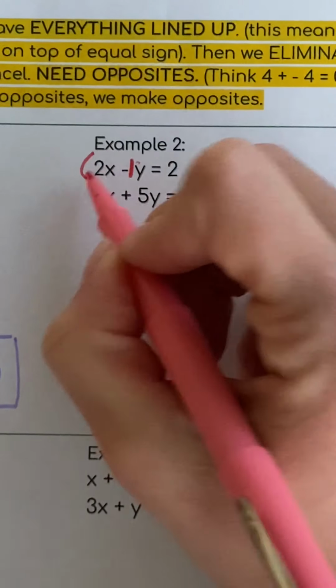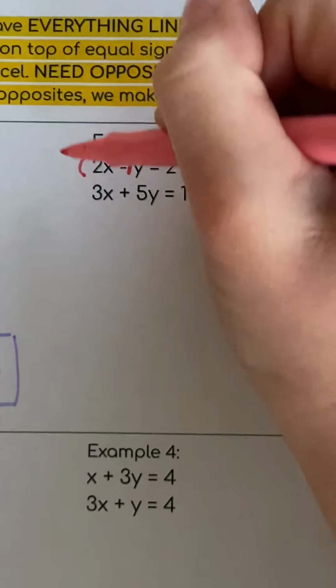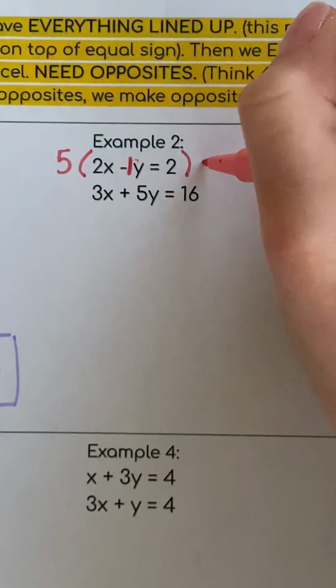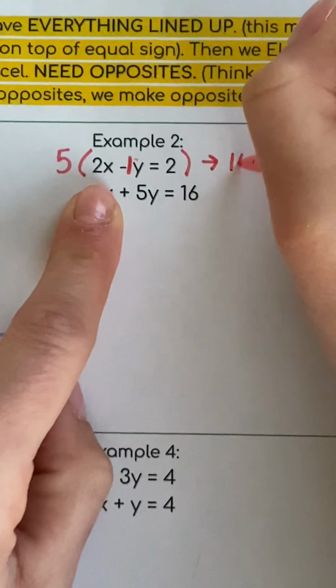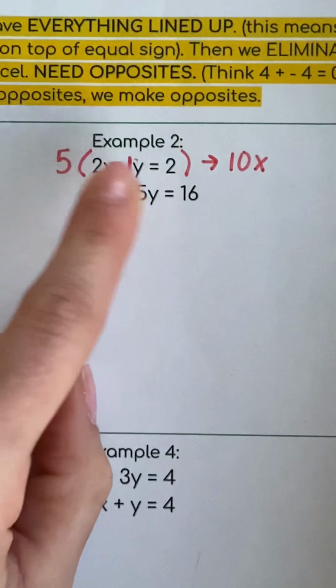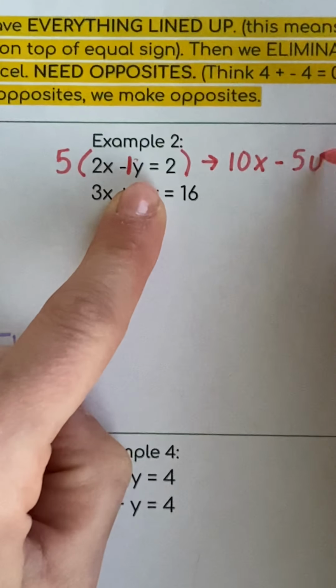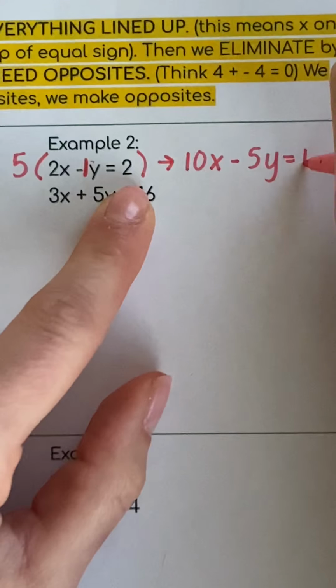So I'm going to multiply this whole equation. 1 times what gets me 5? 5. So I'm going to do the distributive property to the whole equation, and I get 5 times 2x is 10x. 5 times 1y is minus 5y. 5 times 2 is 10.